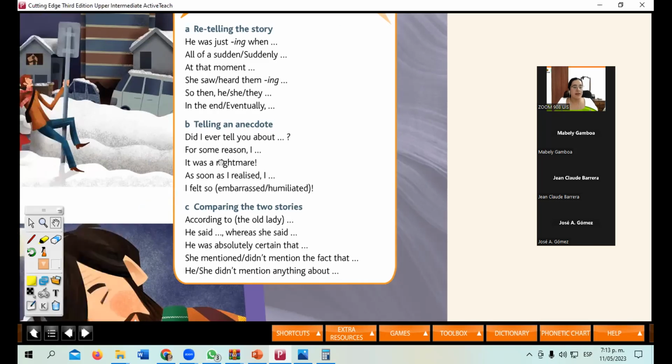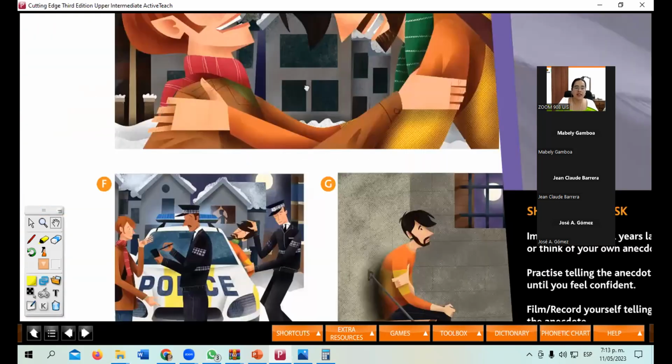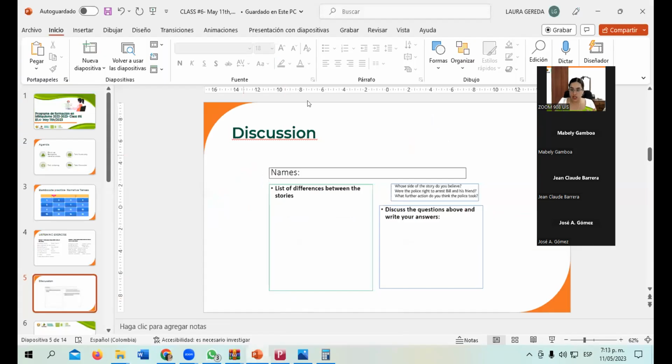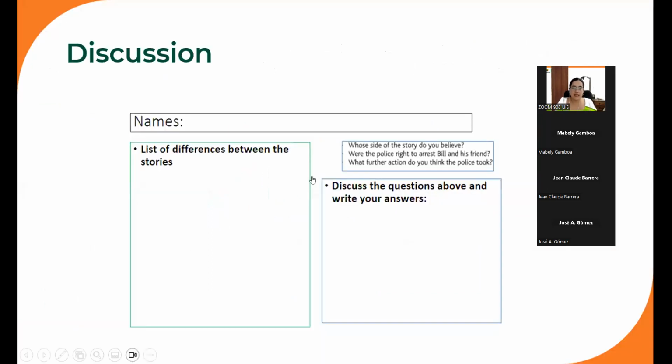Okay, so listen, guys, as I was explaining before, the next part of the activity is a discussion between students from group 1 and group 2. I will send you to breakout rooms in groups of 2 students or maybe 3, and you will complete this slide with the following information. In the first part, let's say 15 minutes, you will make a list of differences between the stories.